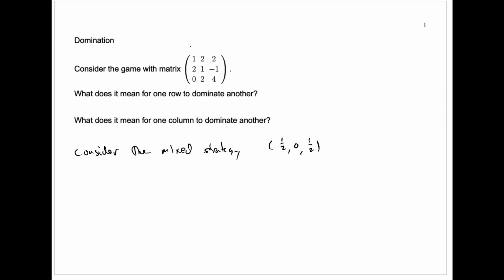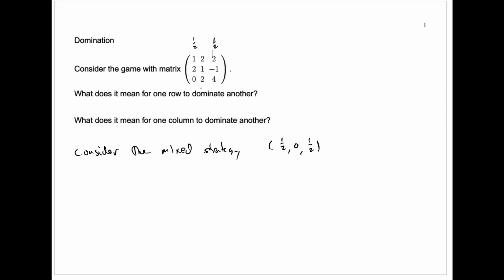That means play column 1 with probability 1/2, play column 3 with probability 1/2, and don't play column 2. I claim that using column 1 and column 3, each with probability 1/2, actually dominates column 2.